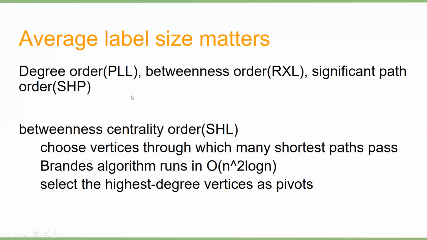And we find the betweenness centrality satisfies this condition, so we want to use betweenness centrality. Unfortunately, the well-known algorithm, Brandes' algorithm, to calculate the betweenness centrality runs in n squared log n. So we select the highest degree vertex as pivot to approximately calculate the betweenness centrality.